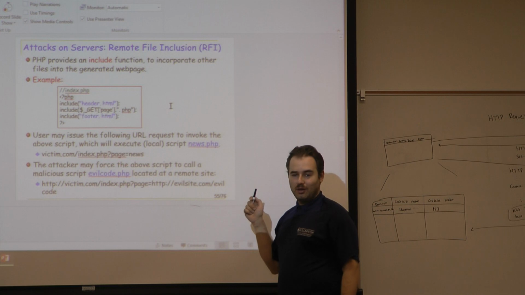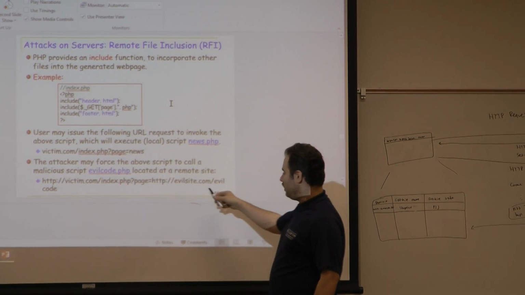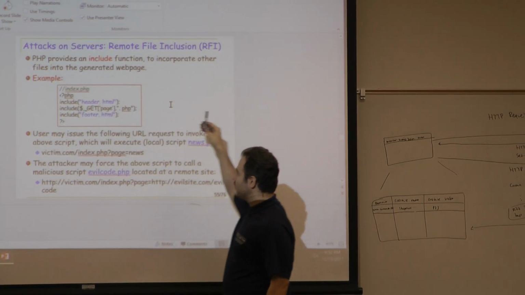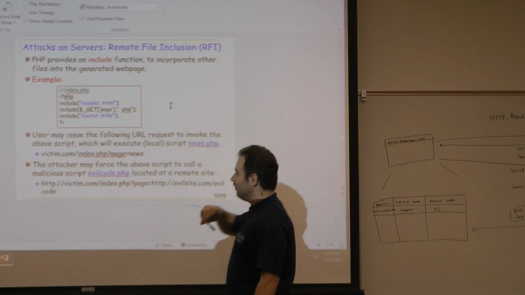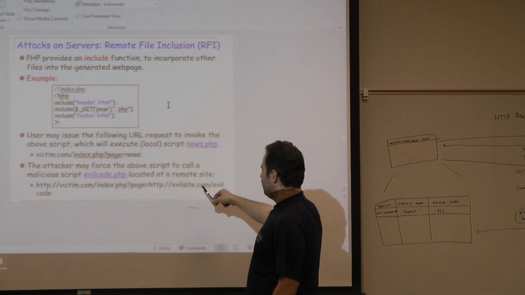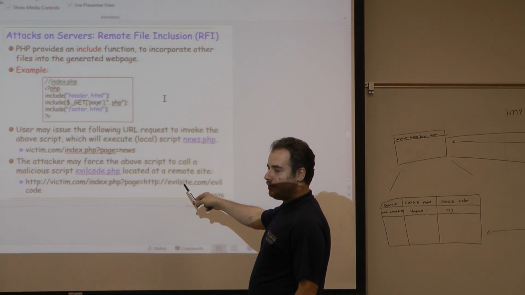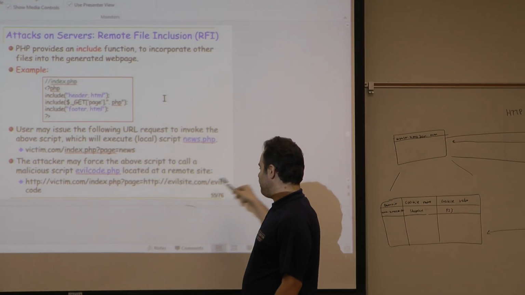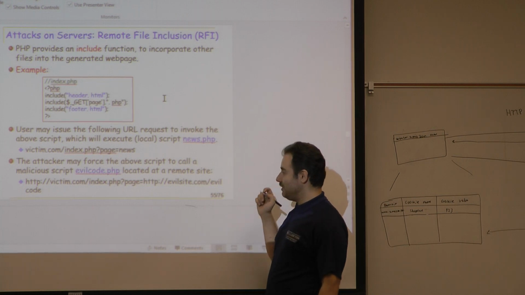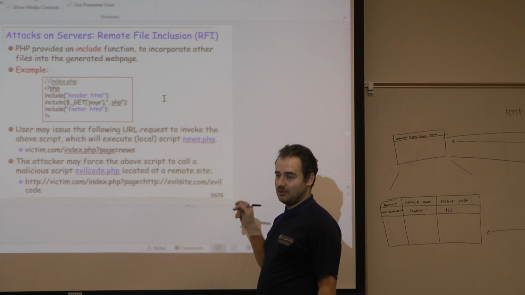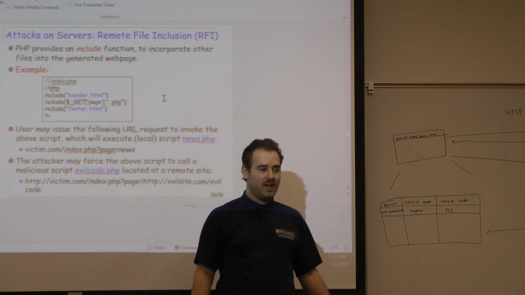So what is the server going to do when it gets this? It says, okay, generate the header, check. Then get the PHP code from http://evilsite.com/evilcode, add .php onto it and execute it.